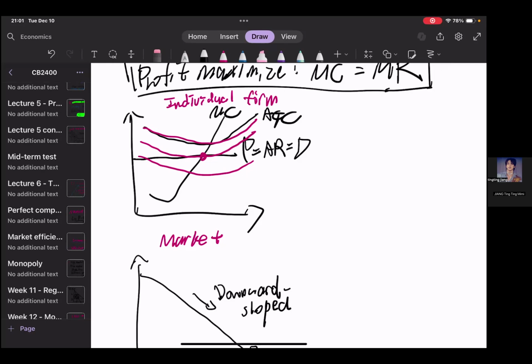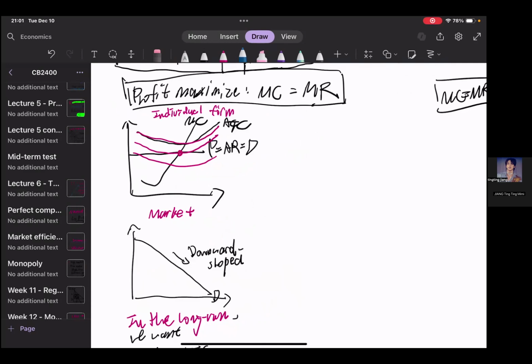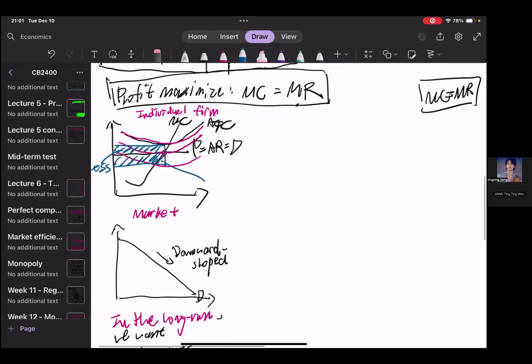And then we'll look at the next two situations. First situation will be when average total cost is higher than the price, in which case it will cause loss. But when the price is higher than average total cost, it will produce a profit.